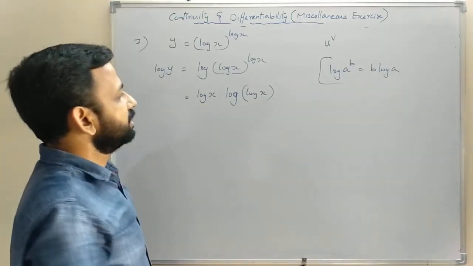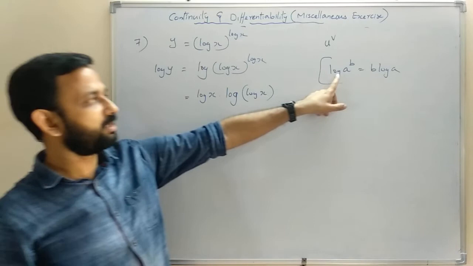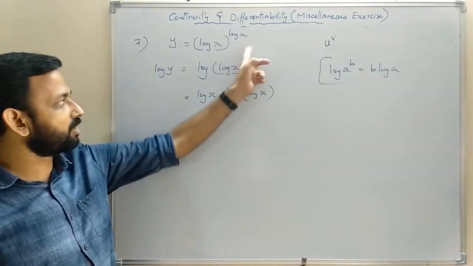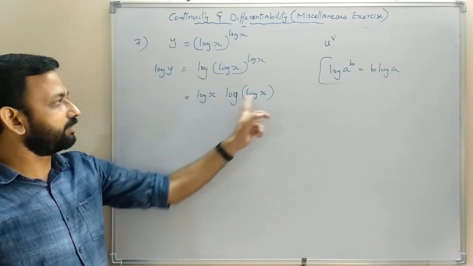When we use this property, log a raised to b equal to b log a, same way we get log x, then log of log x.